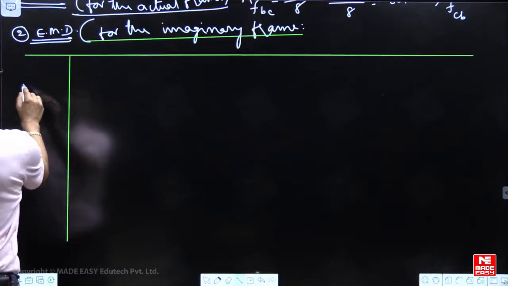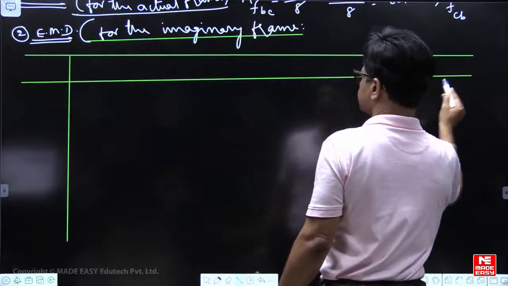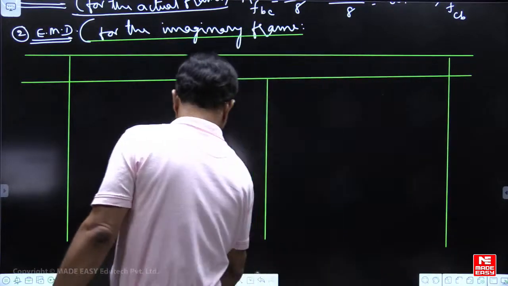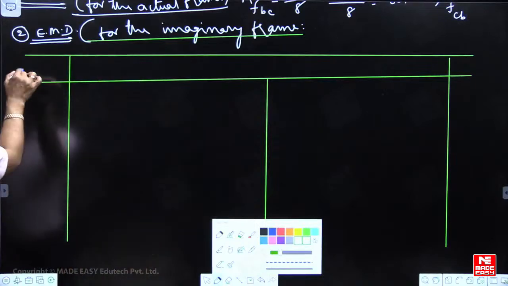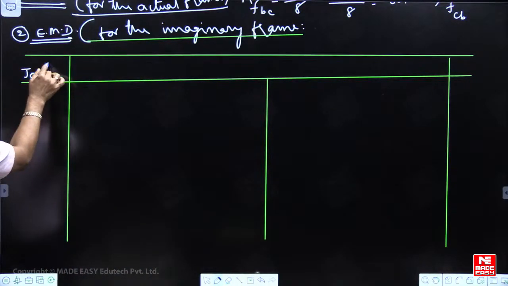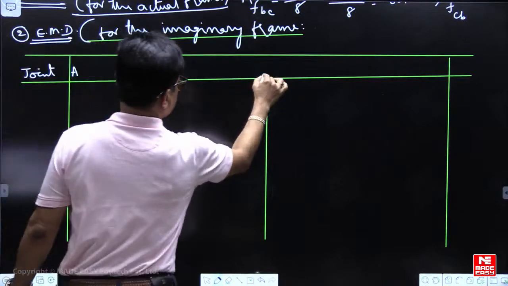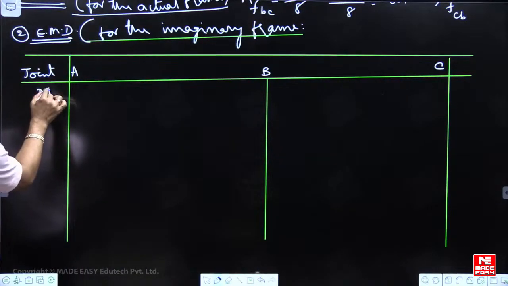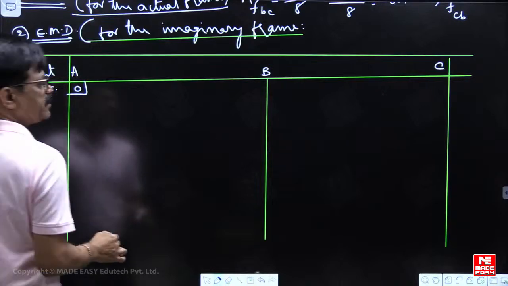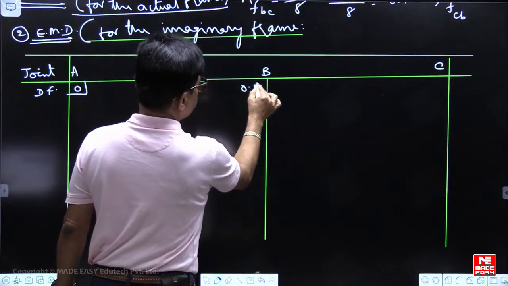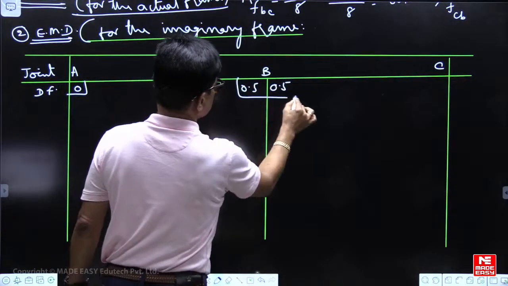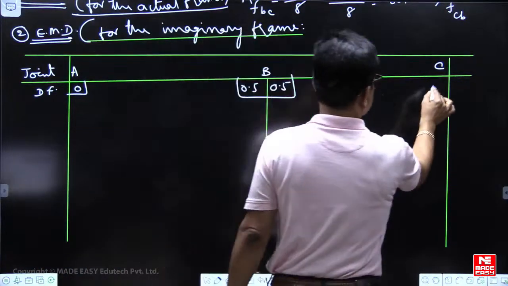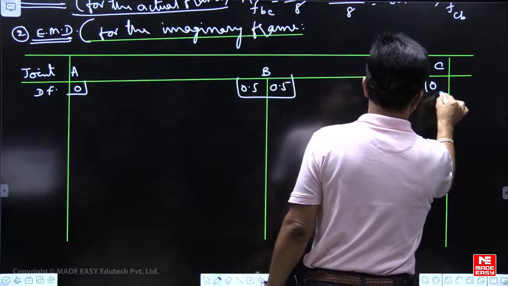Joints: this is A, B and C. Distribution factors: if you have a fixed support it is 0. B and BC 0.5, 0.5, because both members are equally strong. I6, I6 was there. So this is again 0.